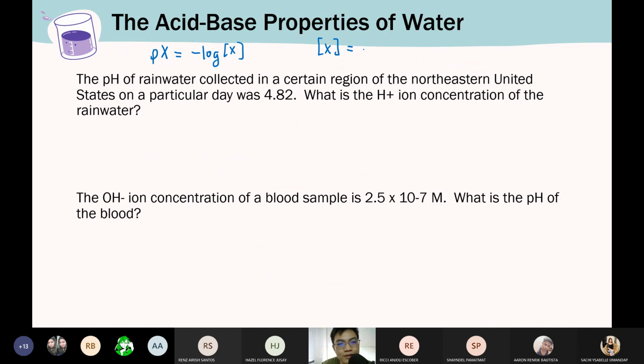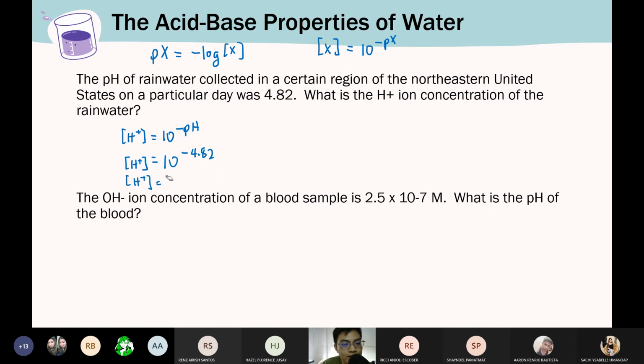So that's 10 raised to negative pX. In the context of this problem, yung x natin ay H plus. So meaning, the concentration of H plus is equal to 10 raised to negative pH. We can just simply plug in 4.82 to get the concentration of H plus. Ganun lang siya ka-simple.